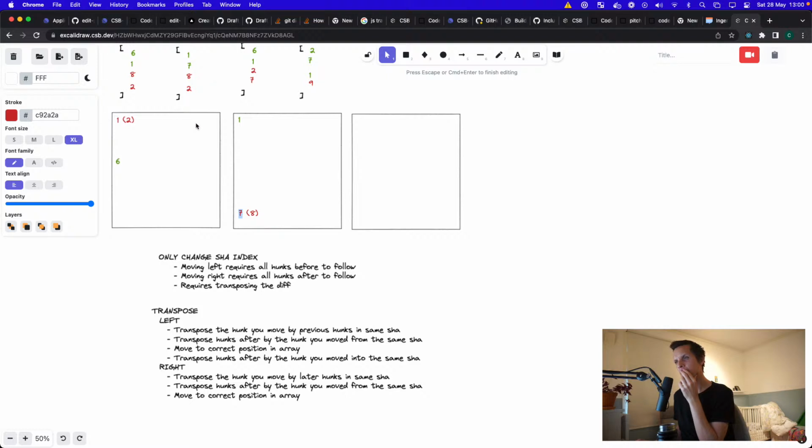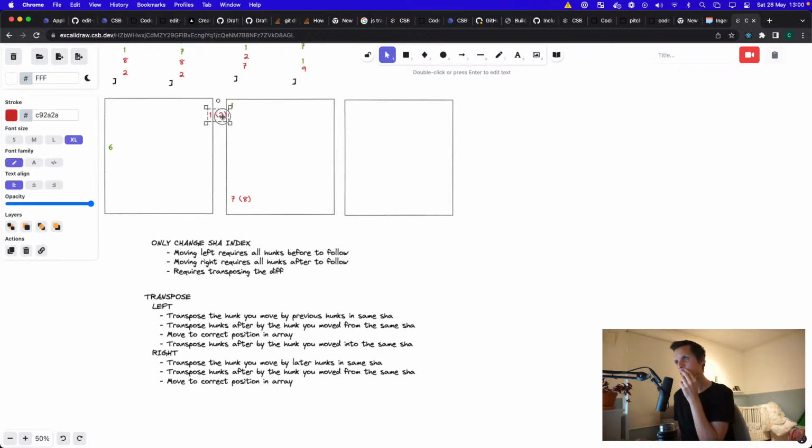So I remove line 1, something was added to line 5, something was added to line 1, and this removal is now still on 7. So if I were to move this back now this addition happens on line 6, which is perfectly fine. This becomes 2 again. But now I would expect me to transpose this again.